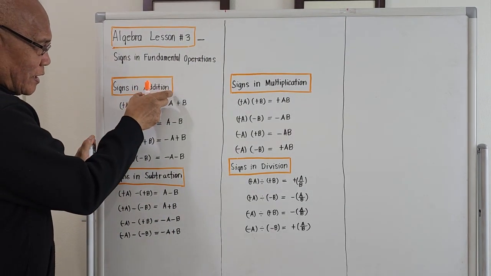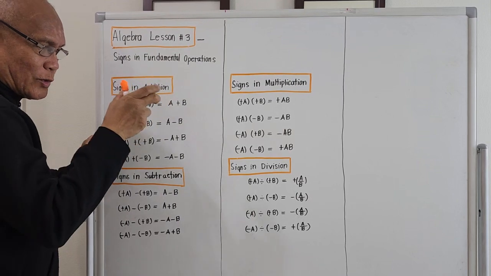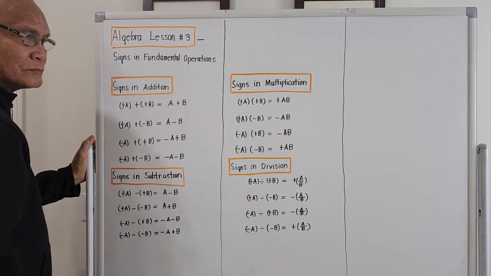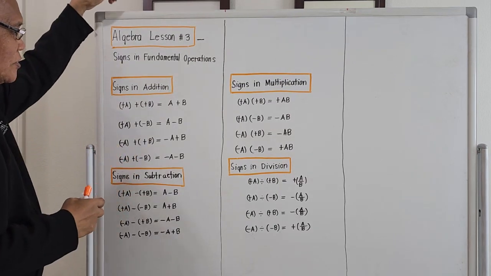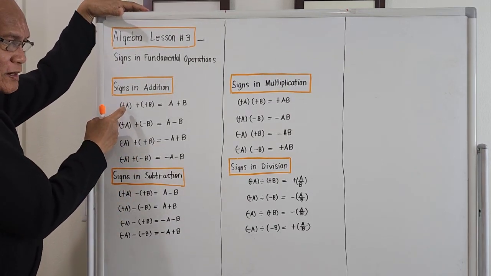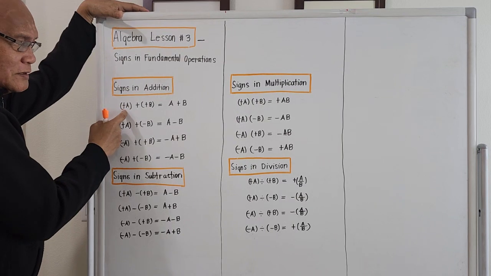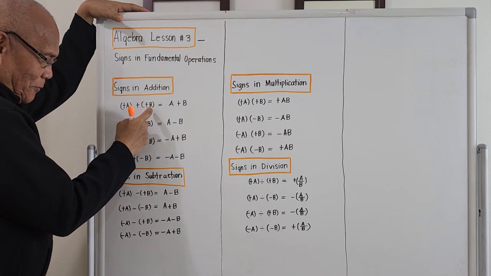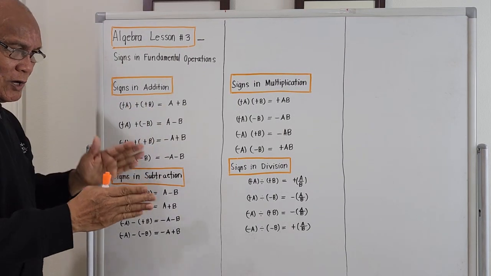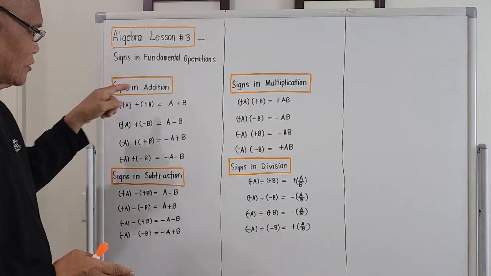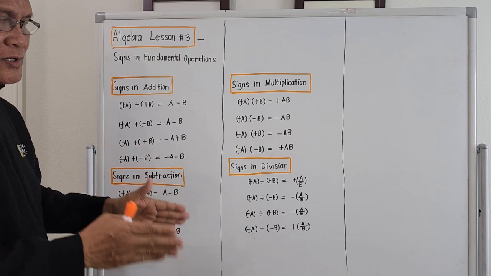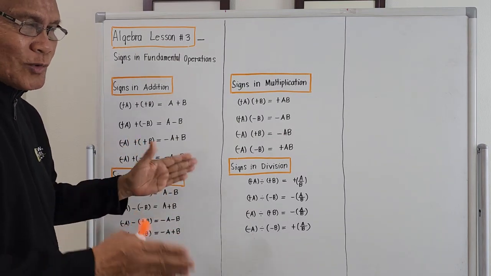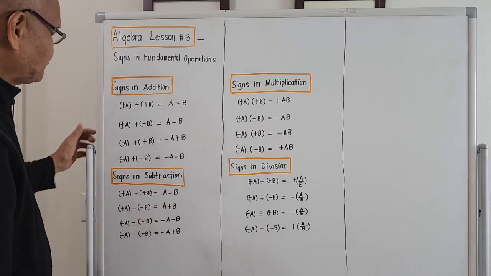Signs when we are adding. So I place it here, signs in addition. I designate the first number to be added to be A, and the second number to be added will be capital letter B. I will try to discuss the four possibilities that will come out under addition.